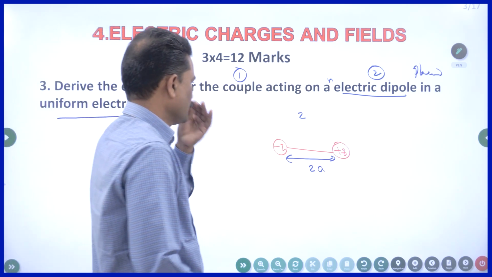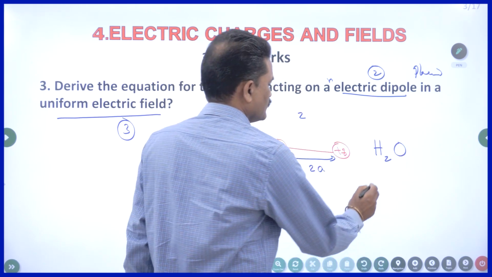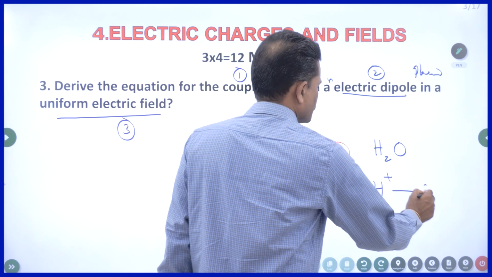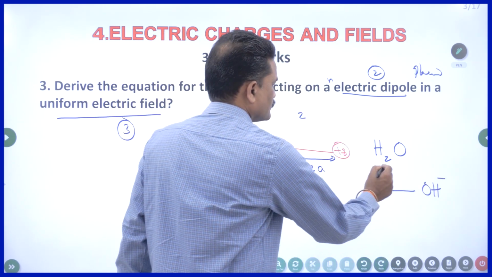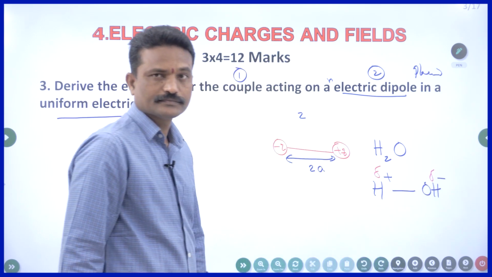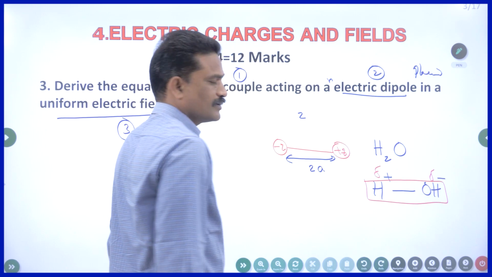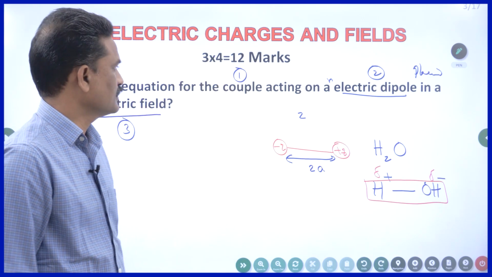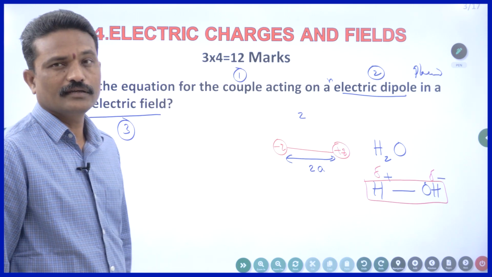Only at the atomic level will you see an electric dipole. For example, you have a water molecule. The water molecule is slightly polarized. So, H plus, OH minus. Here the charges are the same, but with opposite signs. So, this combination is treated as an electric dipole. Is this clear? Right. So, the second point is clear. Now, the couple.